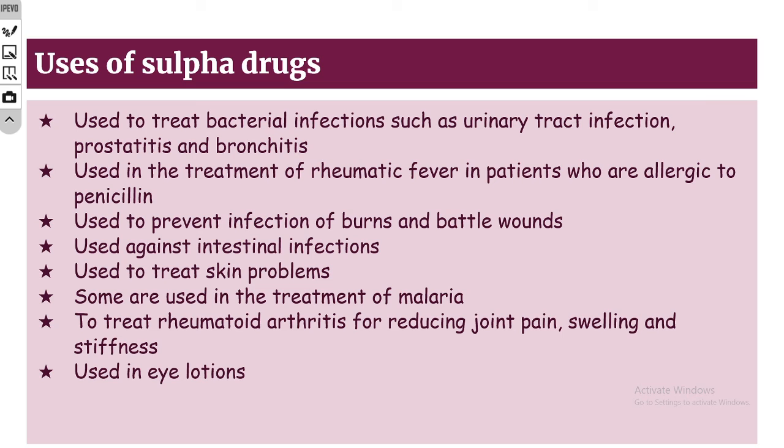The next use is that sulfur drugs, for example sulfadiazine and sulfathiazole, are used to prevent infection of burns and battle wounds. Battle wounds means wounds that happen in a battle. For example, sulfathiazole was used very effectively during World War II to fight infection in soldiers with battle wounds.